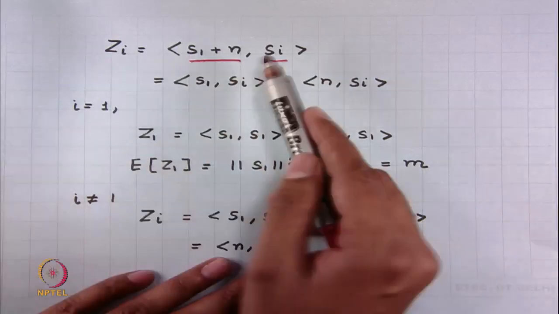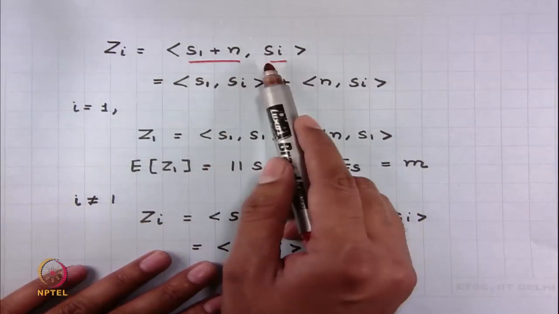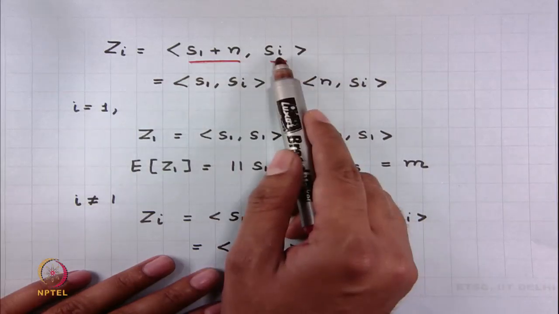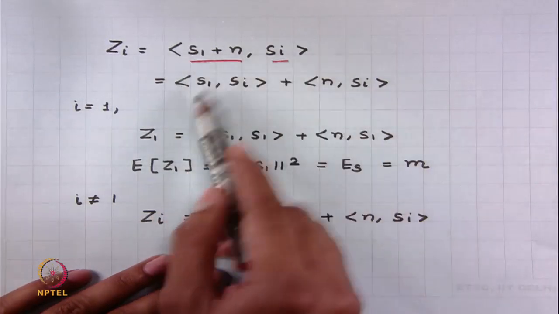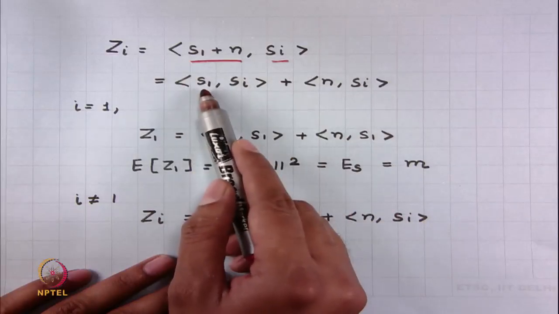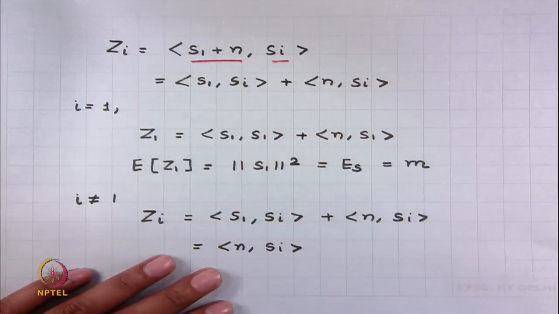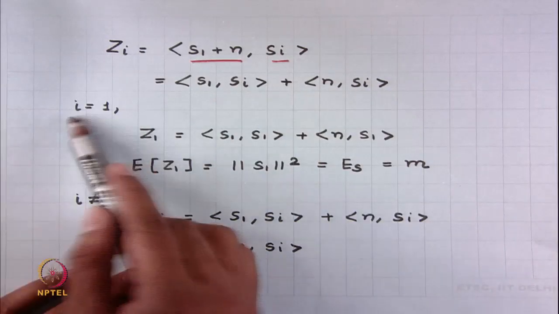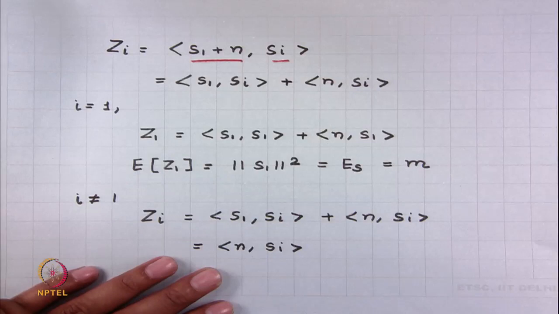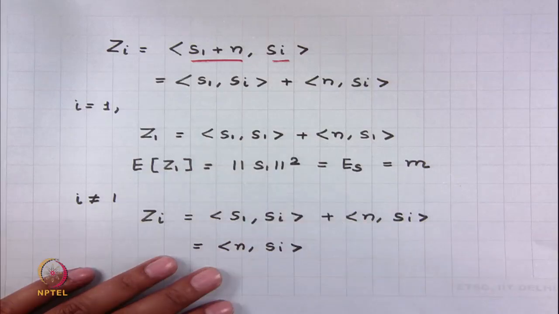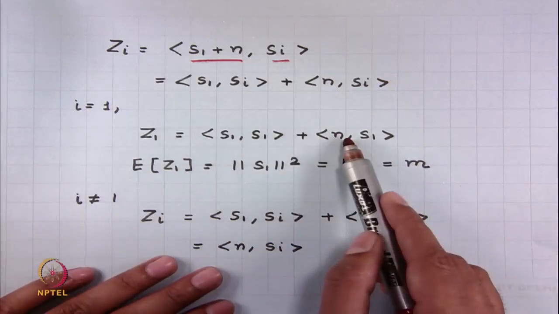You know that inner product is a bilinear operation, so you can compute this by computing the inner product of S1 with Si plus the inner product of noise with Si. Let us see what happens when i is 1. We get Z1, which is simply the inner product of S1 with S1 plus the inner product of noise with S1.